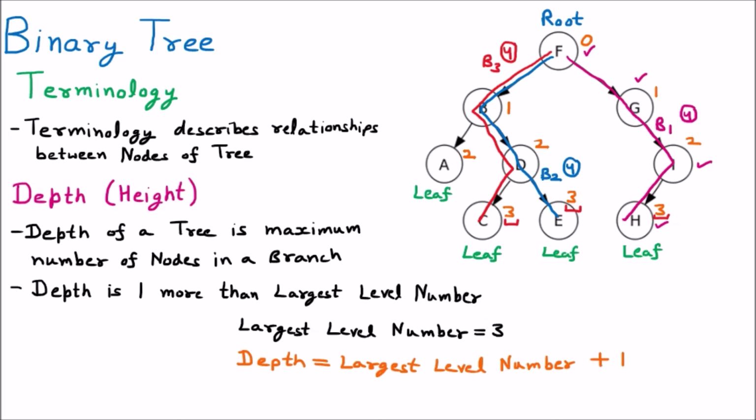So the depth is 3 plus 1, which is equal to 4. Our depth is verified, because the 4 we found with the formula is the same as the 4 we found with the help of the branches. So this is all about the depth, and this is all about the terminology of the binary tree.